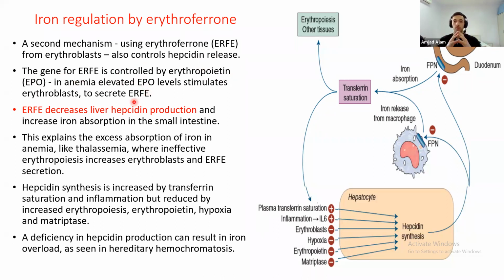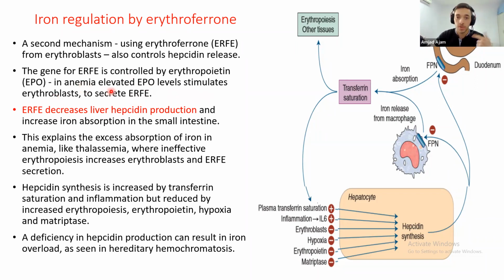So during anemia, when we have low RBCs, what will happen? The erythropoietin will increase. This is the hormone for the production of RBCs. So this erythropoietin will stimulate the erythroblast because we need more RBCs, right?